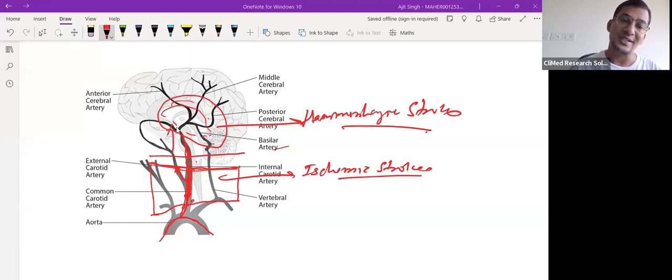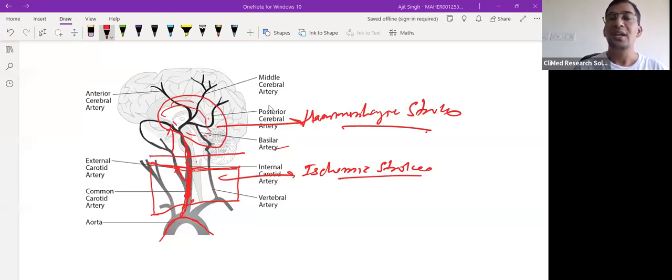So this is the anterior cerebral artery, this is the middle cerebral artery, and this is the posterior cerebral artery and basilar artery, which are responsible for distributing the blood to the back of your brain, the back of your head, right?